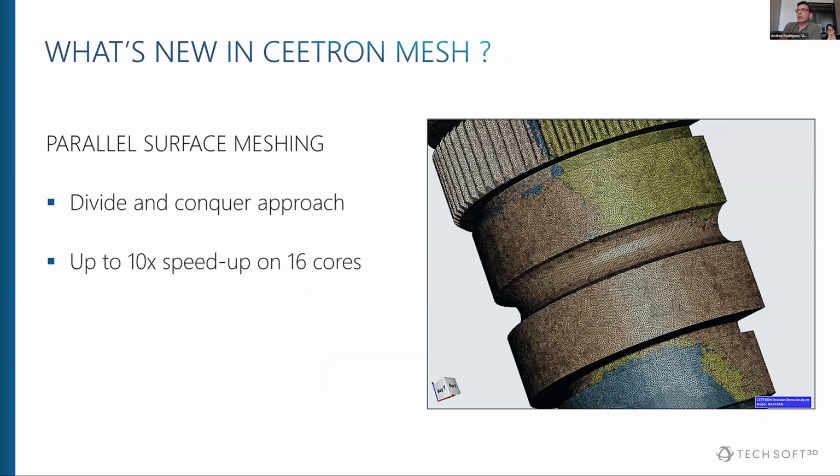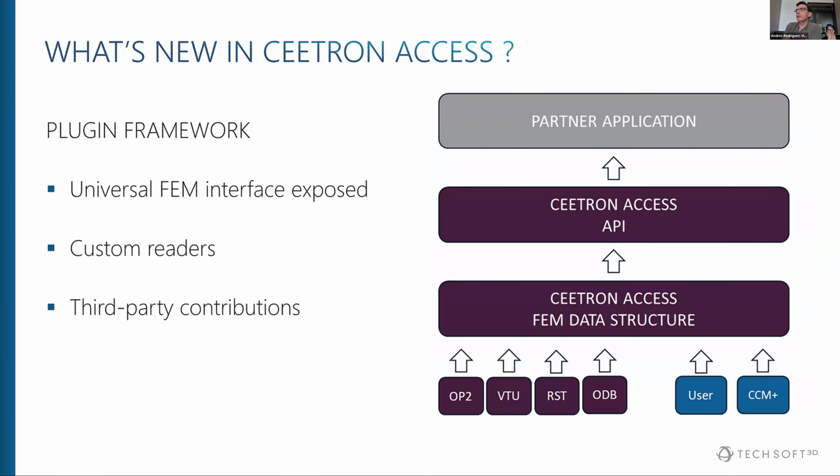In terms of meshing, next week we will do the official release of the parallel version of the surface mesher. We've implemented a divide and conquer approach. Our first feedback is talking about 10 times speed up on 16 cores. And we'll continue down that line further this year.